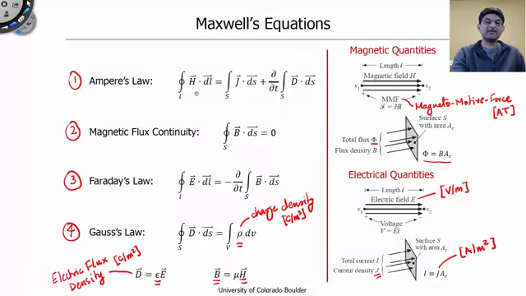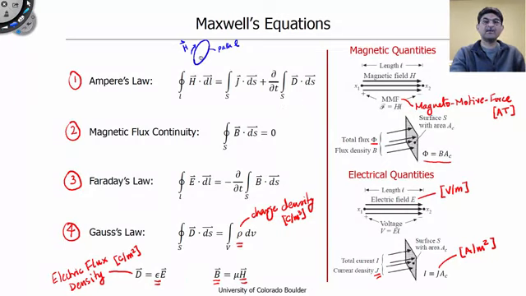Specifically, it states that if we integrate the magnetic field over a closed path L, then the integral is equal to the total current that passes through this loop plus the rate of change of the total electric flux that passes through this loop, which is essentially the displacement current passing through this loop.